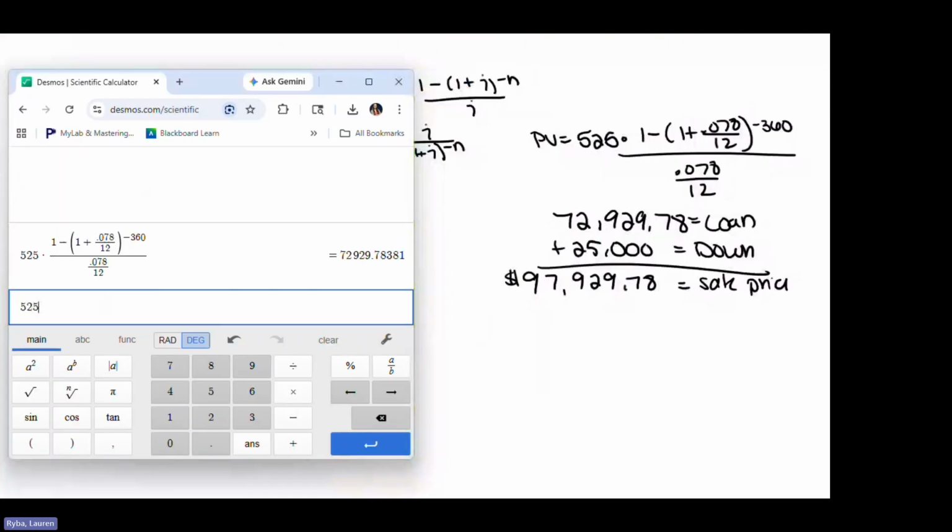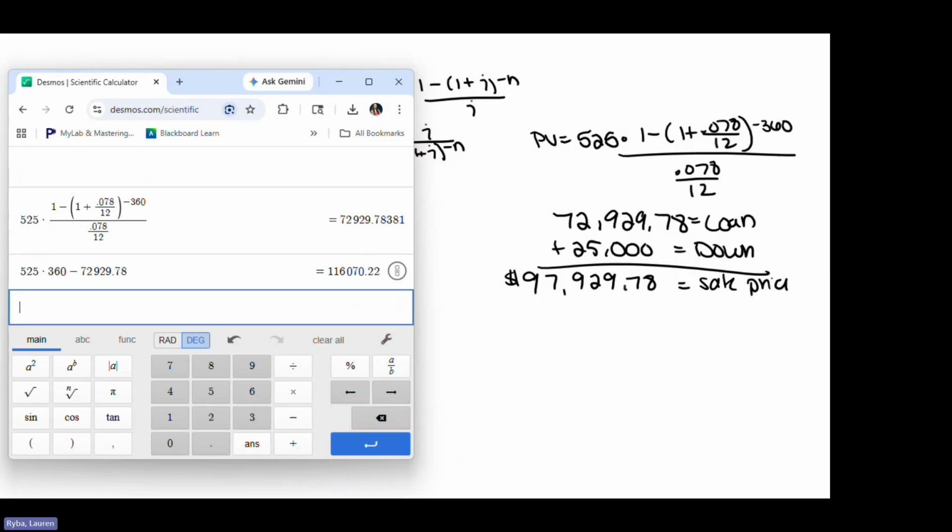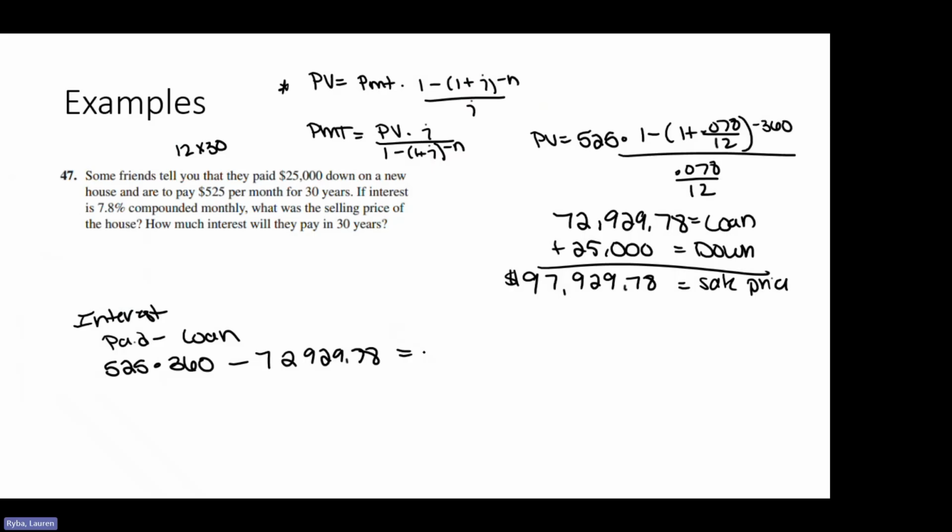So 525 360 times means I paid $189,000 for that $72,900 loan. So subtract 72,929.78. I paid $116,070.22 in interest.